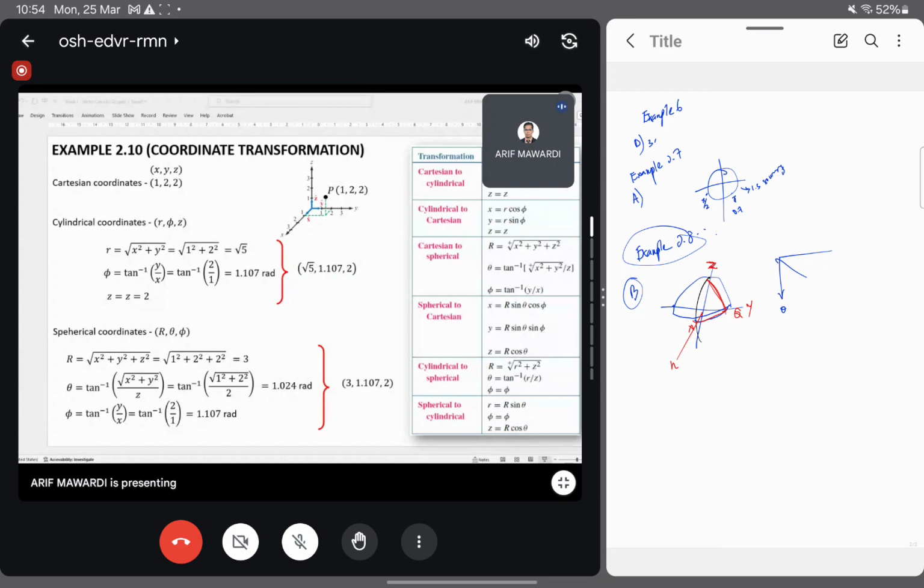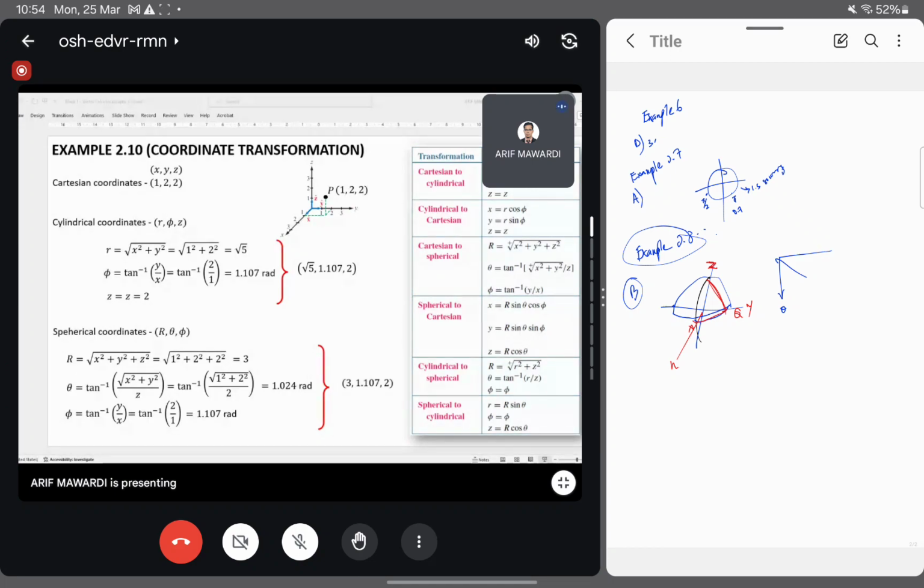To do that, I can use this relationship here. I want to convert the coordinates from the Cartesian coordinate system to the cylindrical coordinate system. Recall that in the cylindrical coordinate system, the coordinate variables are r, phi, and z.